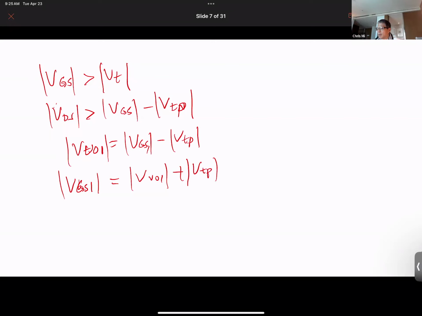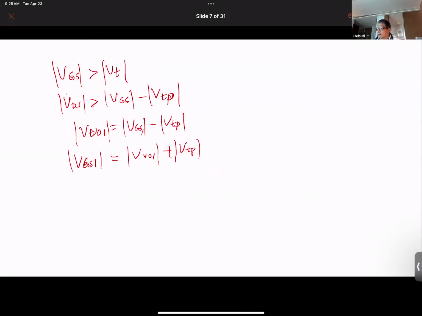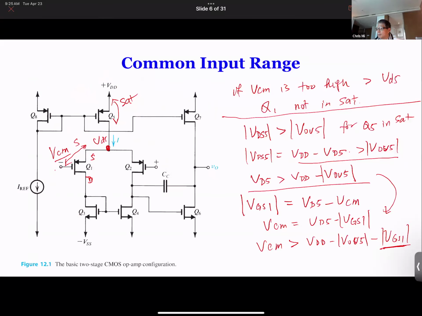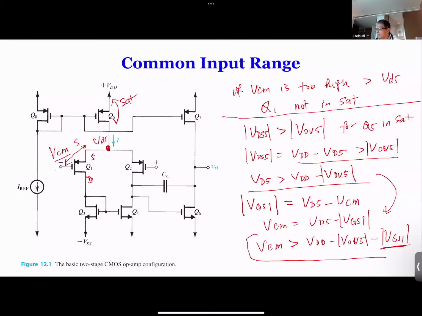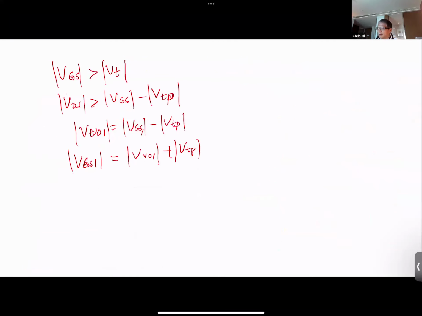Now, if you go back to the previous slide, we already have this equation here: VCM has to be larger than VDD minus VOV5 minus VGS1.